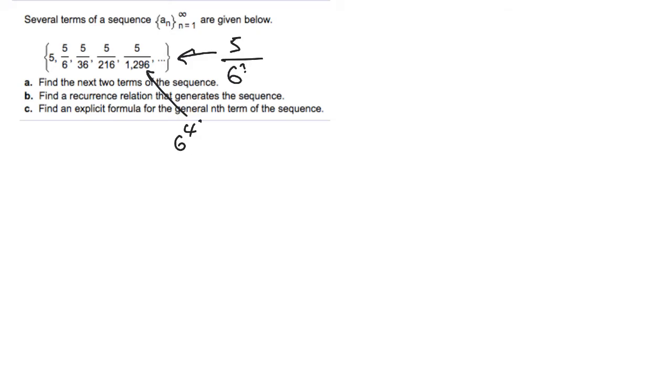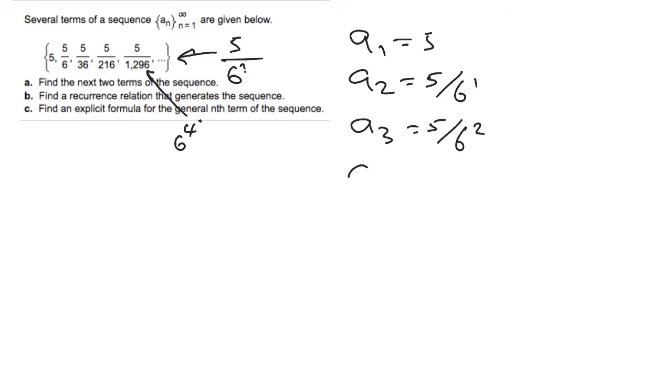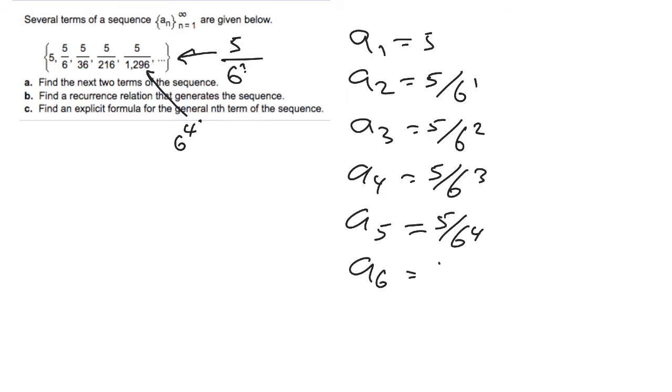If I write down what I'm observing, A1 is 5, A2 is 5 over 6 to the 1, A3 is 5 over 6 squared, A4 is 5 over 6 cubed, and A5 is 5 over 6 to the 4th. Those are all the given ones. I think the next two are going to be 5 over 6 to the 5th and 5 over 6 to the 6th, but I have to figure out what those numbers are.